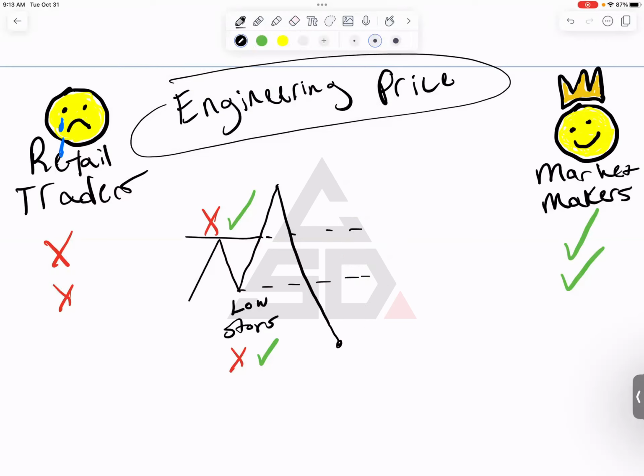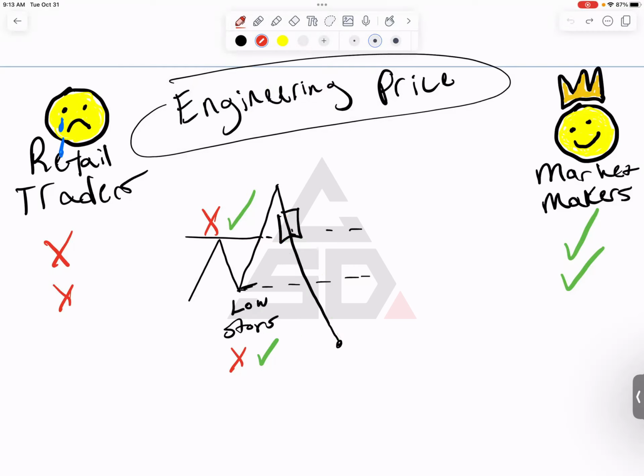One way is this. You get in up here, and when it breaks this low, you can get out. So you get in up here, and you get out down there, right? And you're like, well, how can I take advantage of a trade that happened that fast?